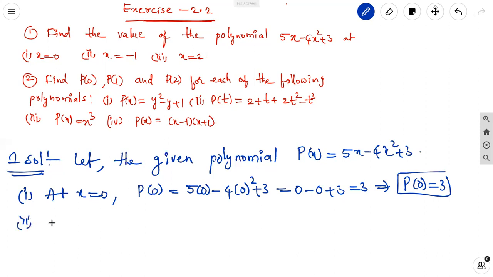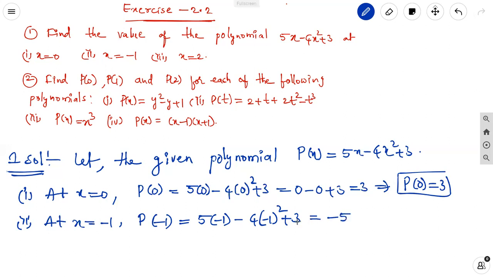Second one, at x equal to minus 1, we can replace x with minus 1. p of minus 1 is equal to 5 into minus 1 minus 4 into minus 1 whole square plus 3. 5 into minus 1 is minus 5, minus 1 whole square is plus 1 into minus 4 is minus 4, plus 3.